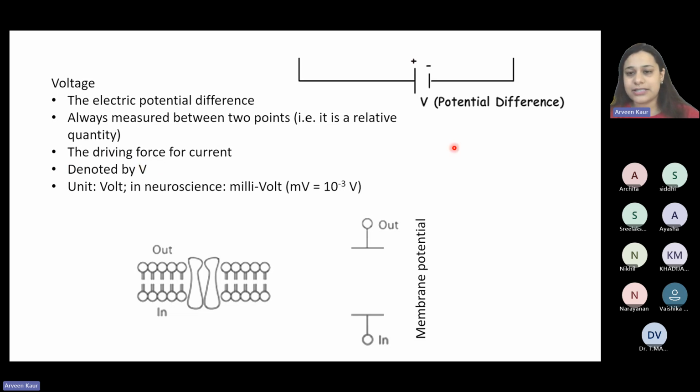There will be a difference in the charge between these 2 points, which is driving the current from this positive charge plate to this negative charge plate, right? It is denoted by V, and the unit of voltage is volt. In neuroscience, we get it in the order of millivolts or 10 raised to power minus 3 volts, right?